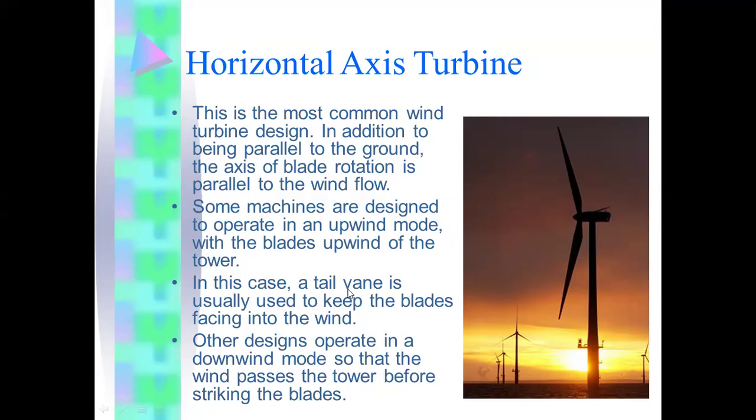In this case, a tail vane is usually used to keep the blades facing into the wind, and it is a vane blade. The purpose of this vane blade is to keep the face of the blades in the direction of the air, so that maximum air velocity can be converted into electricity.